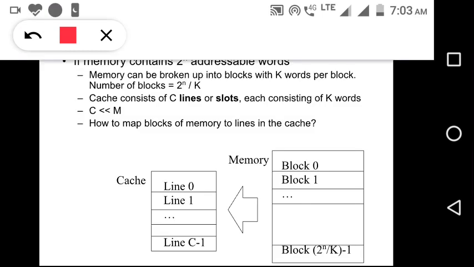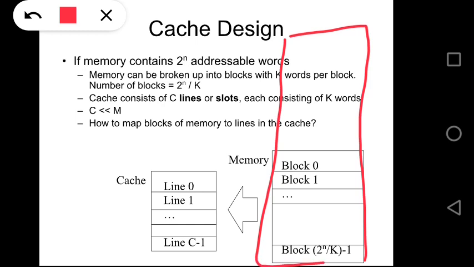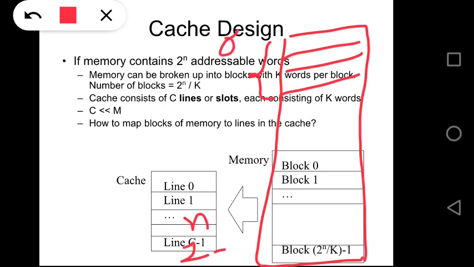Let me draw the picture because it's really important to understand this. This is my main memory. Let's assume 2 power 0 to 2 power n minus 1 words are present in the main memory. So total 2 power n words. I am grouping k words as one block. This is block 0.